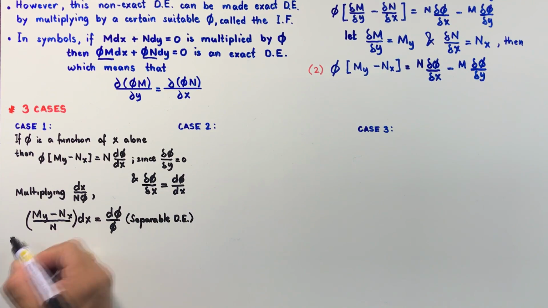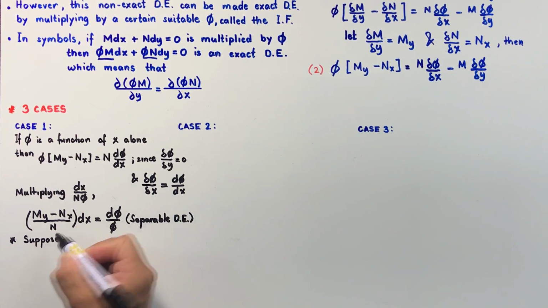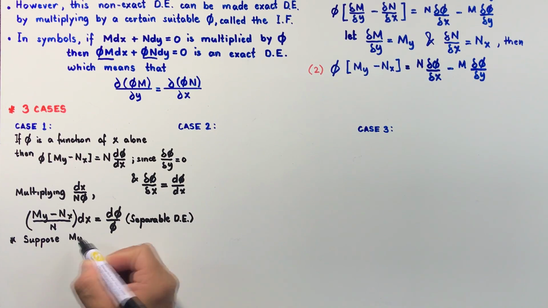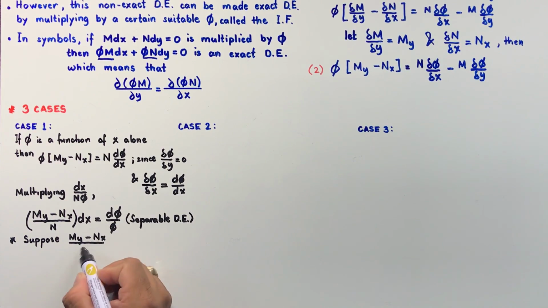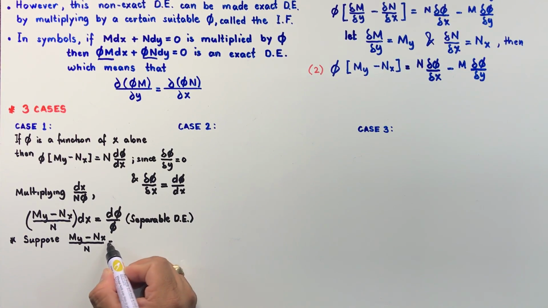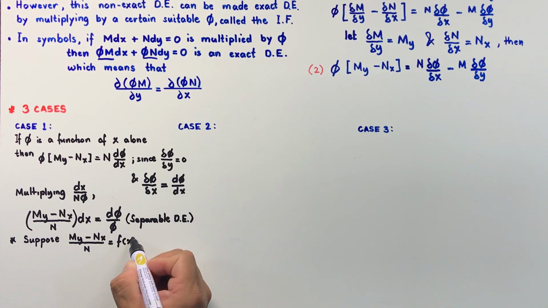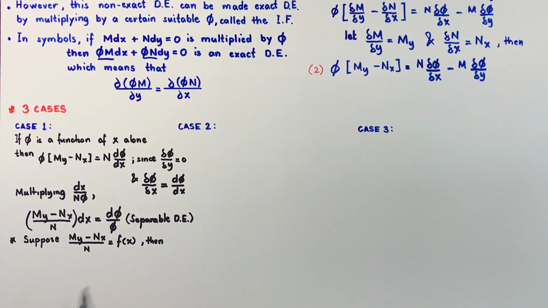Now, suppose the partial derivative of M with respect to y minus the partial derivative of N with respect to x, over our N, is only a function of x alone. Then this expression can be replaced by f of x times dx, which is equal to the derivative of phi over phi, a separable differential equation.